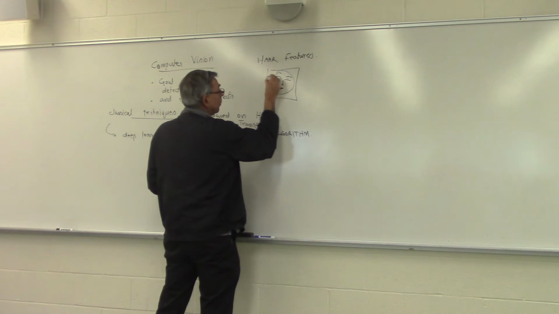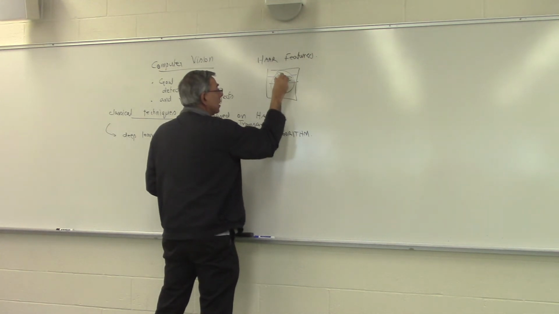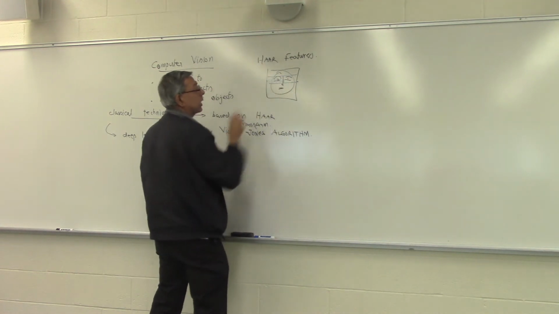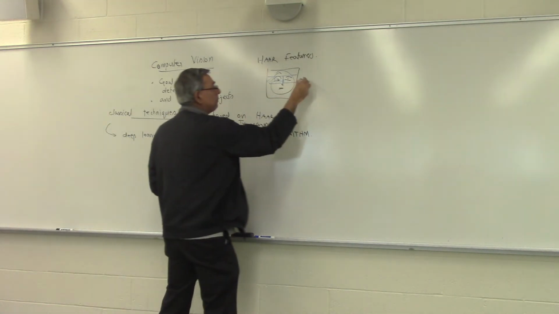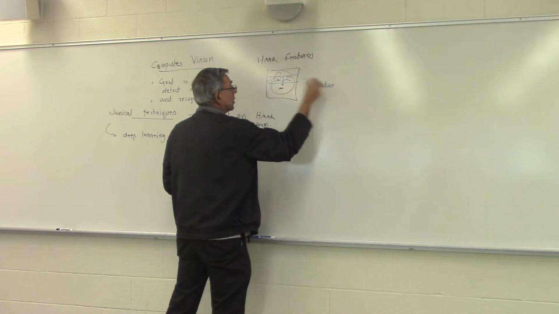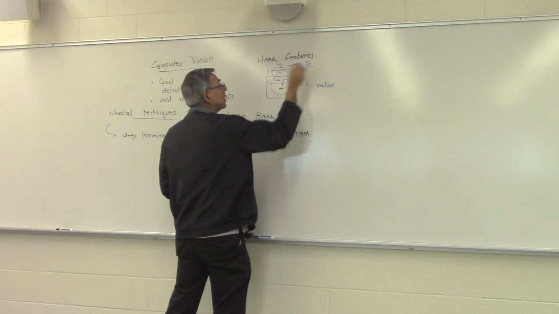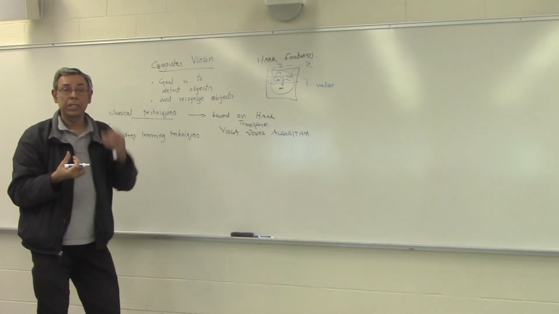So for example, we create a rectangular area where we take the sum of pixels in this area, subtract it from the sum of pixels in this area, and that will give us some value. So the sum in this area minus the sum of pixels in this area, that value is called the Haar feature as an example.